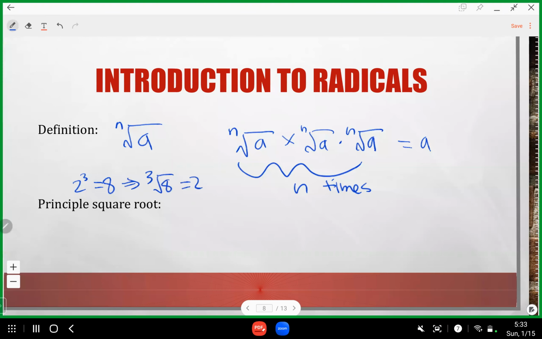If you think about it, the cube root is just the inverse of cube, just like how the square root is the inverse of squared, and so on. For example, the fifth root is the inverse of raising something to the power of 5.